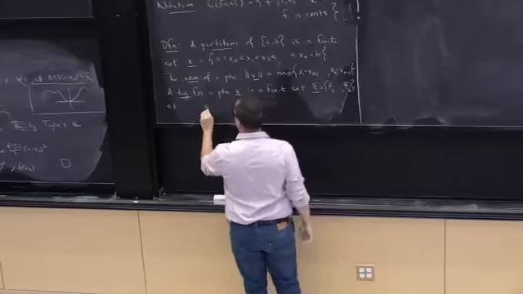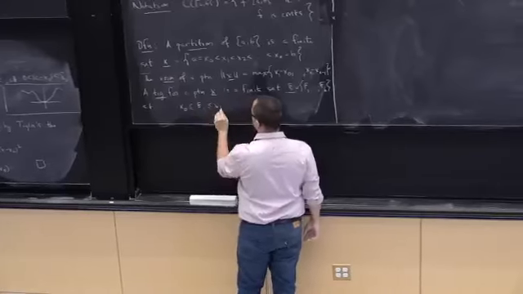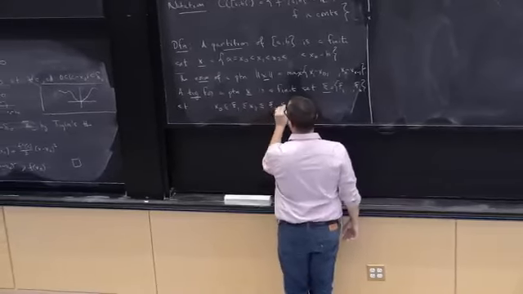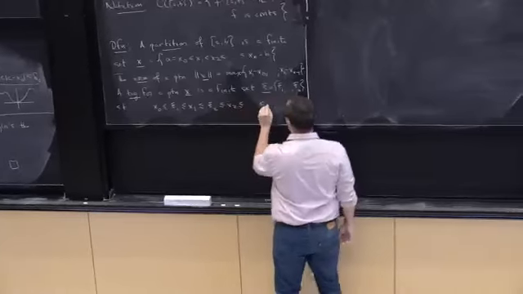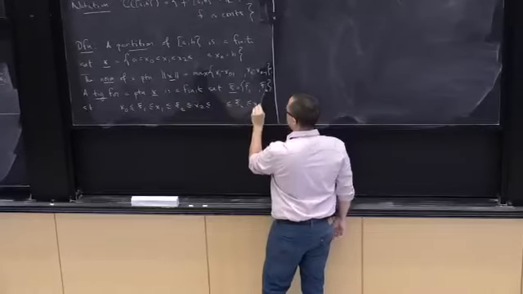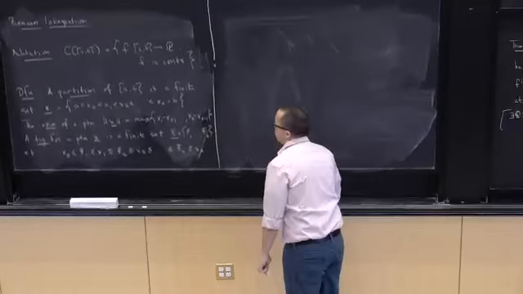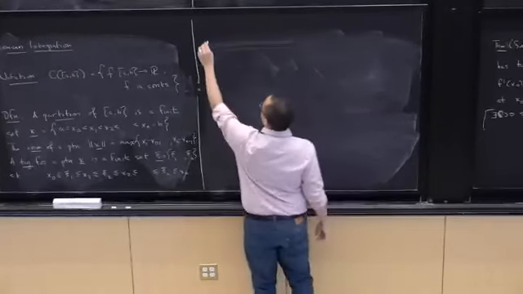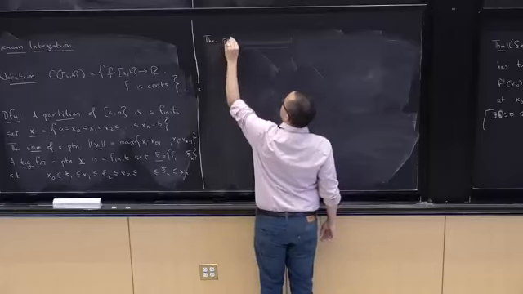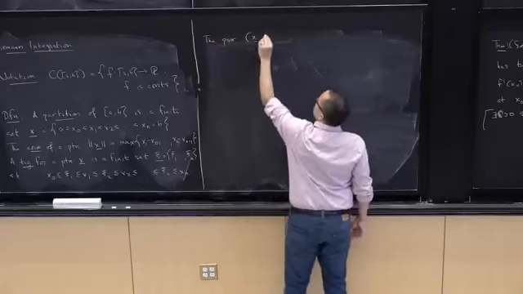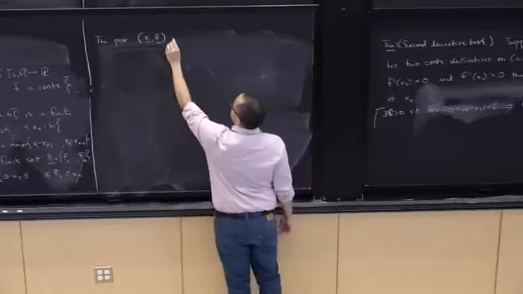In other words, x0 is less than xc1, which is less than x1. And the pair is referred to as a tagged partition.